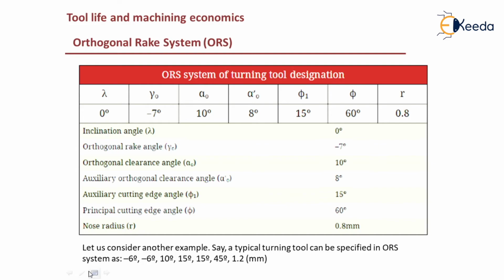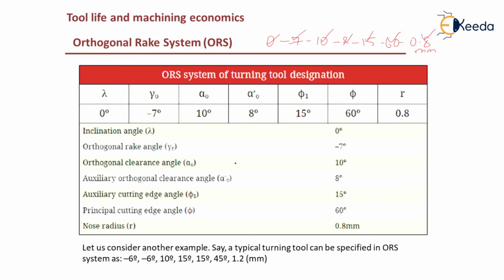For example, if it is given as 0, -7, 10, 8, 15, 60, and then 0.8, then as we just discussed, 0 is the inclination angle, -7 is the orthogonal rake angle, then the orthogonal clearance angle, the auxiliary orthogonal clearance angle, the auxiliary cutting edge angle, the principal cutting edge angle, and the nose radius 0.8, which is in mm.